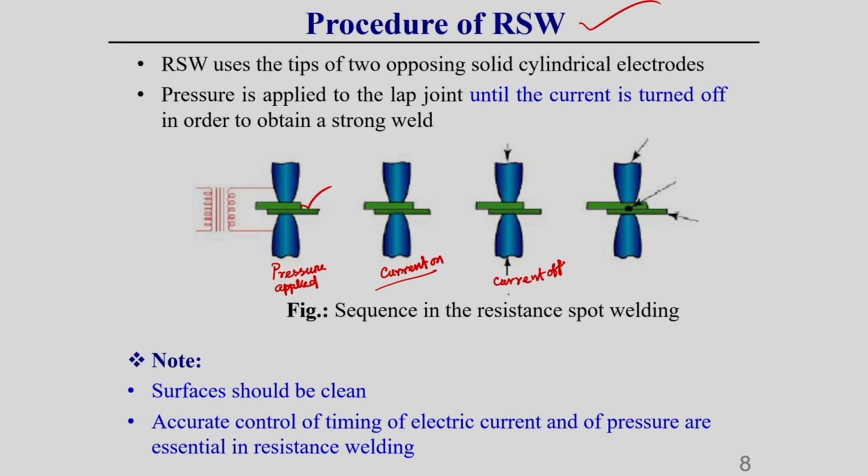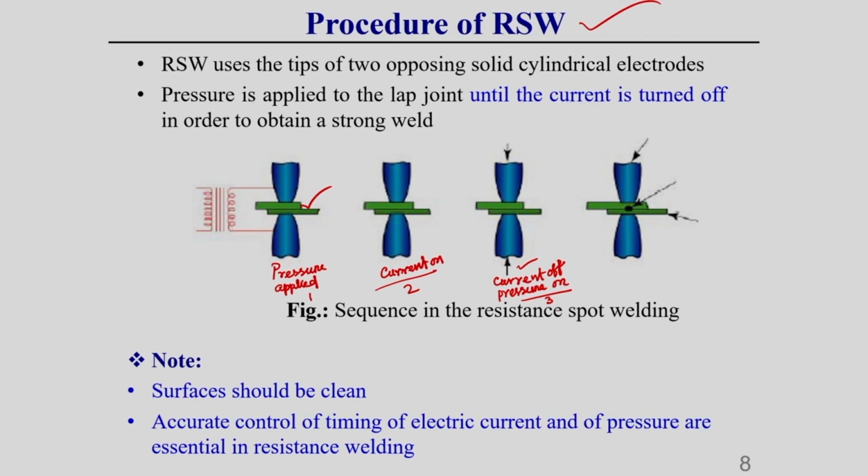But in this stage you should keep in mind that pressure remains on. Though the current is off, the pressure should stay on. So from the first step to the third step, in every step there should be pressure on, but only in the second step will there be current on. At this current on time, heat is generated and the weld pool is formed. Understand what I am telling? Keep this in mind.